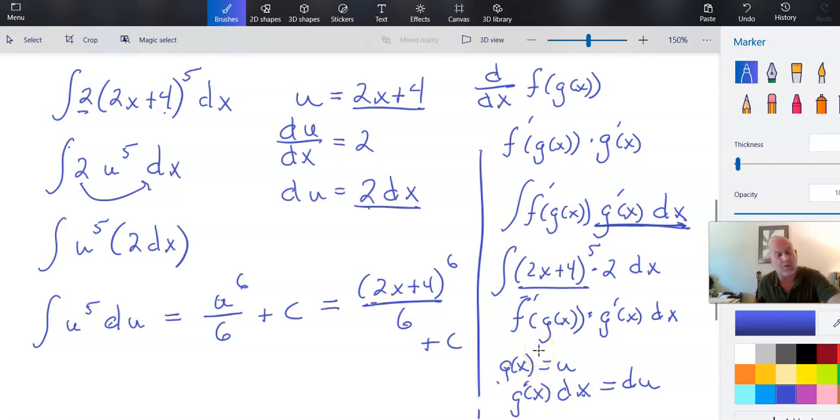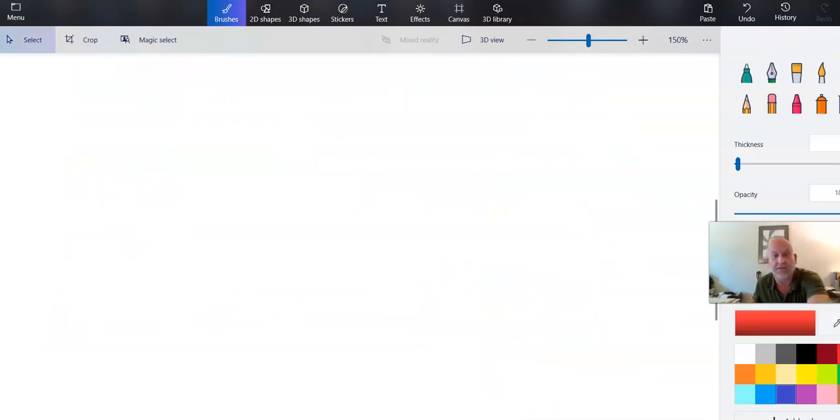That's the main goal. Now, one of the things you might have noticed is that it was really convenient that there was a 2 in our problem. There isn't always. So I want to go ahead and take a look at one of these that doesn't have a constant and look at how we deal with that.